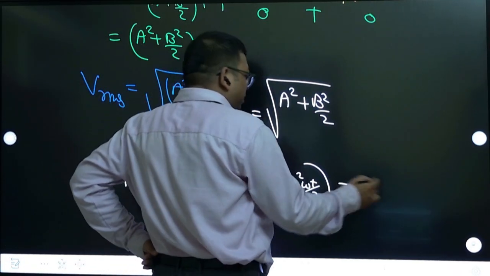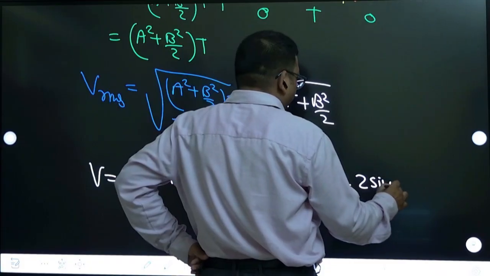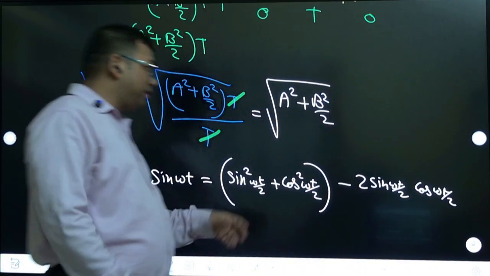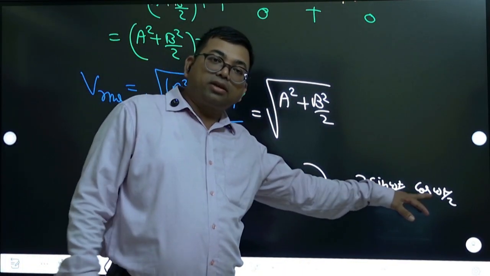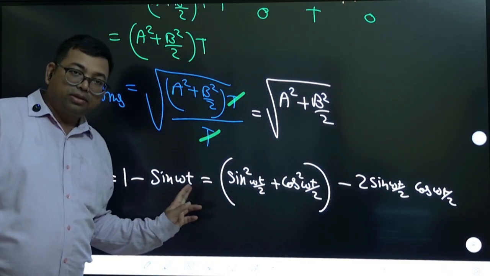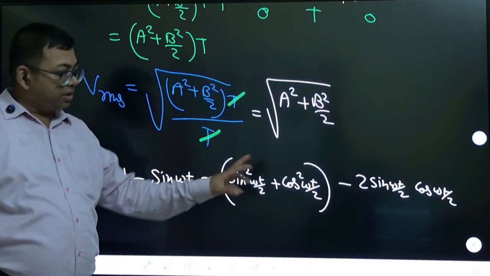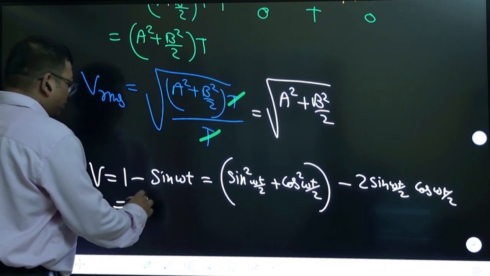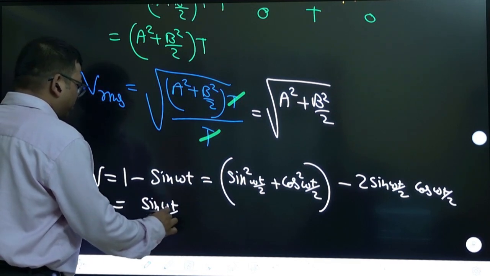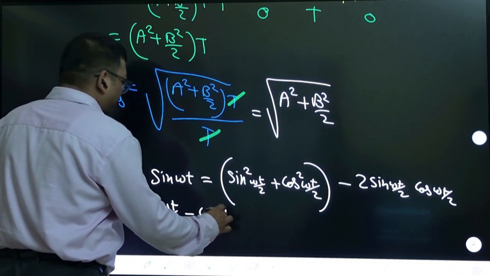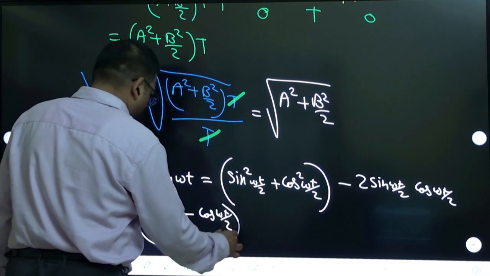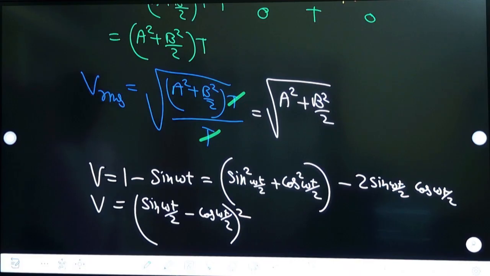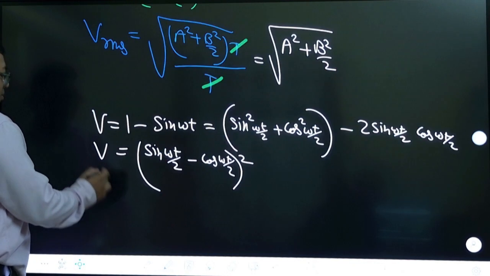And sine omega t can be written as 2 sine omega t by 2 cos omega t by 2, because sine theta is 2 sine theta by 2 cos theta by 2. So this can be written as (sine omega t by 2 minus cos omega t by 2) whole square. Okay, if I write like this, this approach is a better approach.